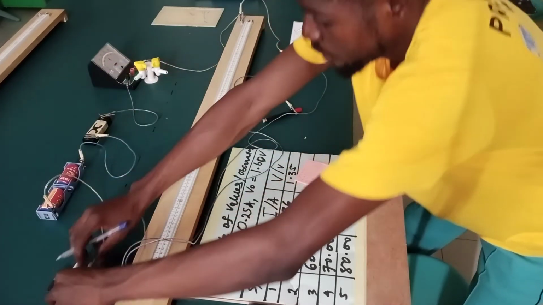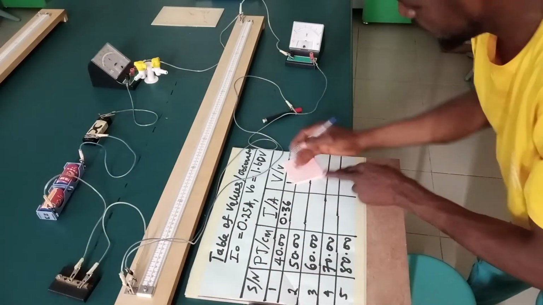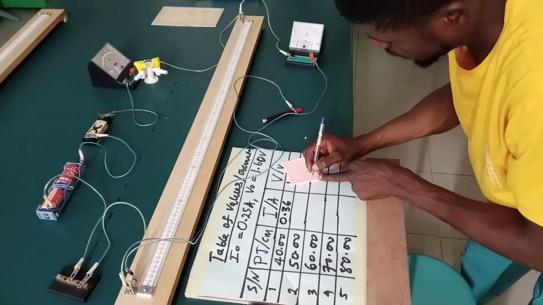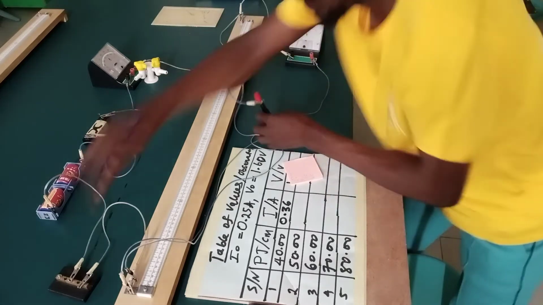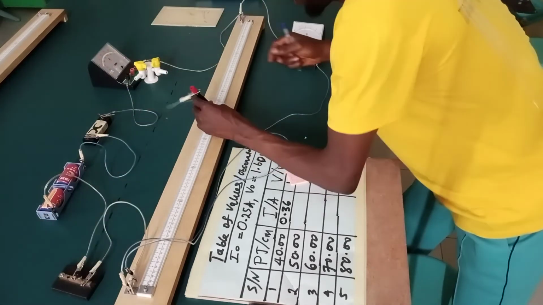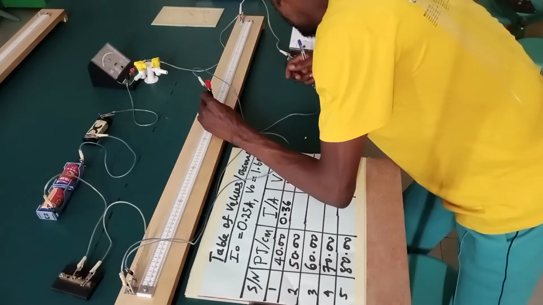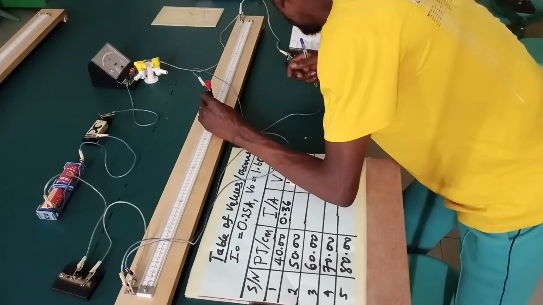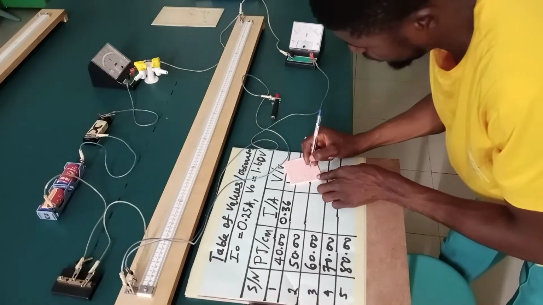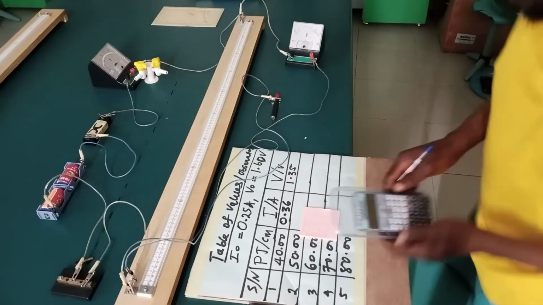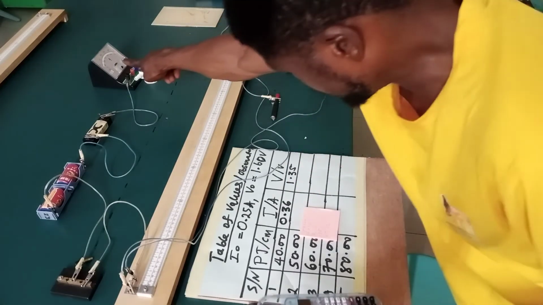Okay, I have 6.5. I have 12. It means that here is 6.5.